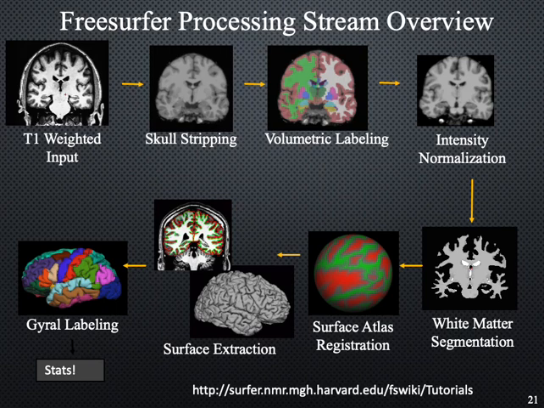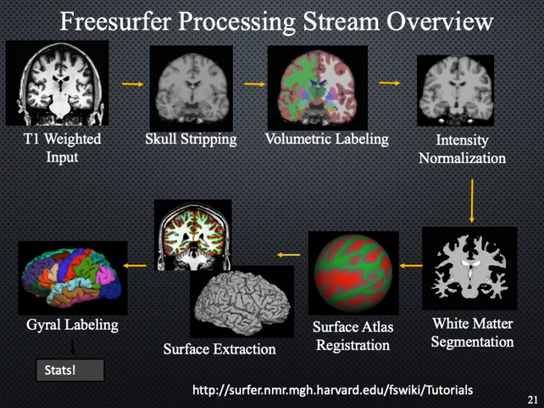Another way of analyzing morphometric properties of the brain is using a tool called FreeSurfer. And essentially this has some commonality to the techniques that we've described previously.